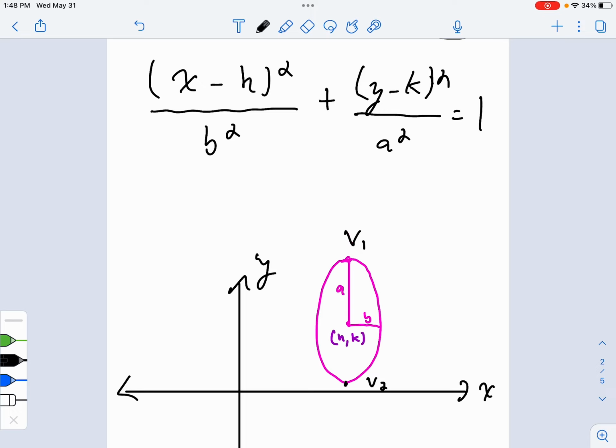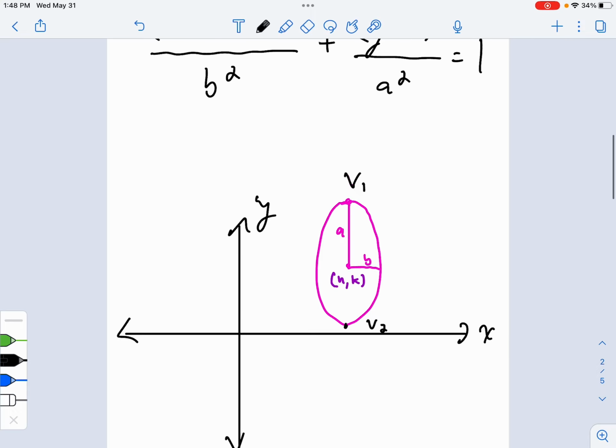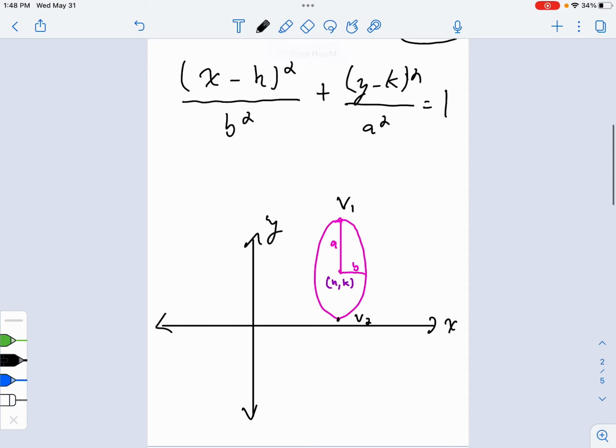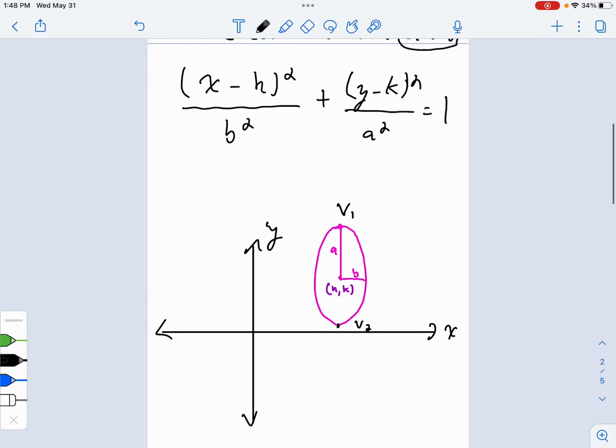Same ideas here: you have a major axis, a minor axis, the a and the b, all that not changed. The only thing is that the a here is the length of the semi-major axis, which is parallel to the y-axis, it's vertical, and b, the semi-minor axis, is horizontal. That's the difference between the equations here and above.